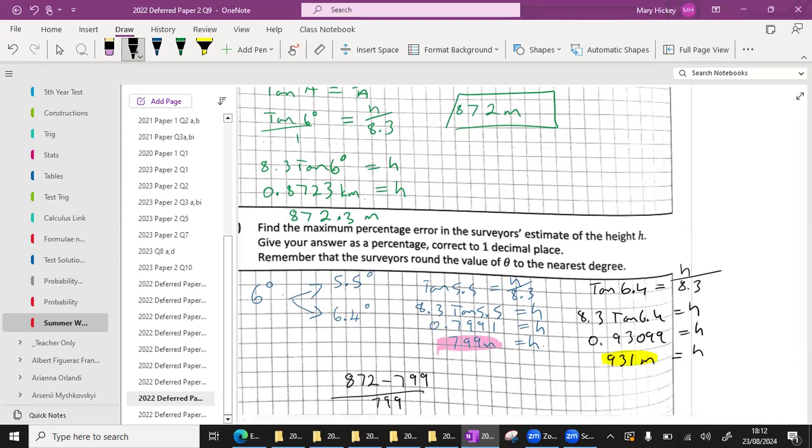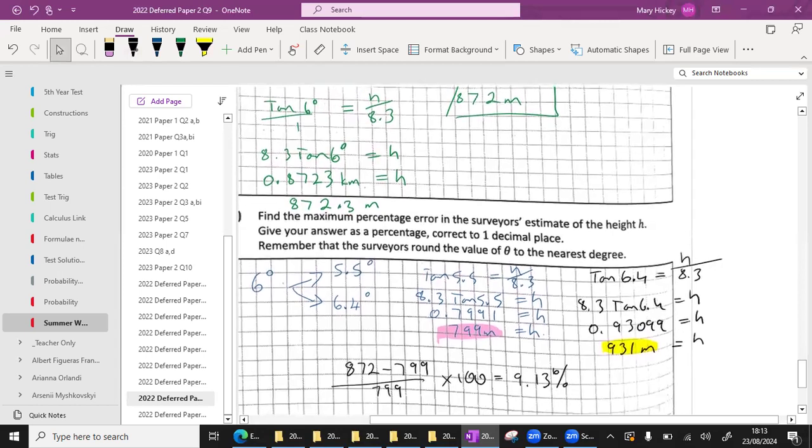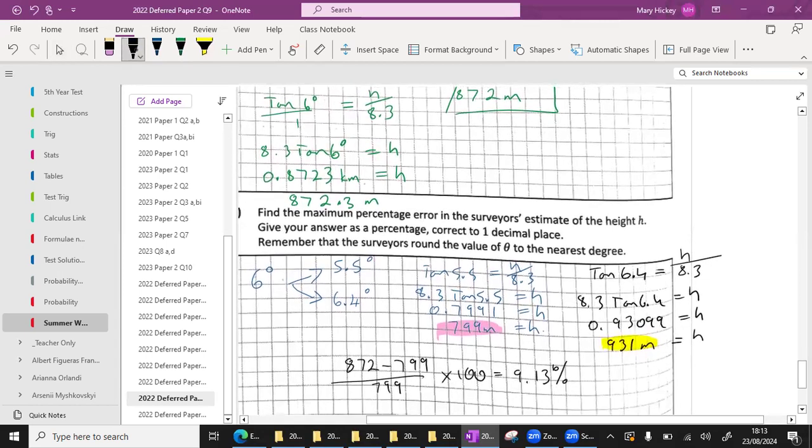So in other words, we're looking for the difference between the rounded version and the actual, and we're dividing by the actual, what we imagine to be the actual anyway. I never said multiply by 100, because we're doing percentage, multiply by 100. So that gives us 9.13%. Now it says percentage to 1 decimal place, so actually 9.1 will do there.